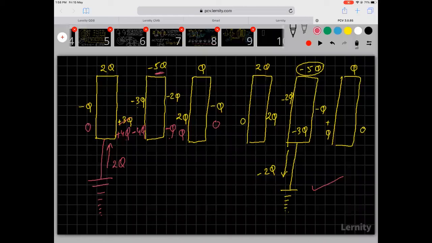I hope you are able to understand. Now this logic you can keep extending to as many plates as you want. Think about it.